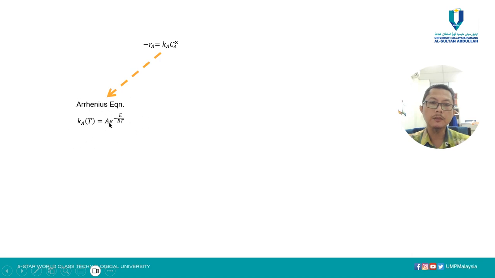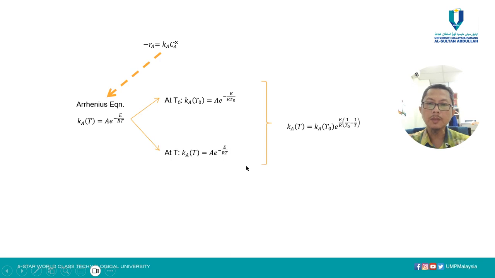This is the Arrhenius equation to determine the rate constant. If we have two conditions like this, we can come up with this equation. Initially it's T0. At T, you can find the rate constant if the activation energy and both temperatures are given. The A will be cancelled out, and then it will produce this Arrhenius equation.